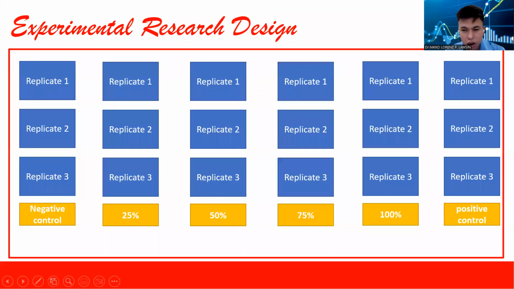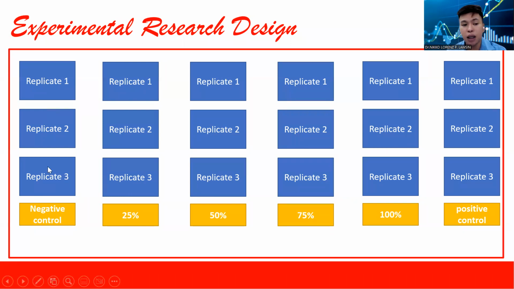Okay, this illustration shows you the different setups that you can do when you have your research. There are one, two, three, four, five, six setups. Each setup has three replicates.